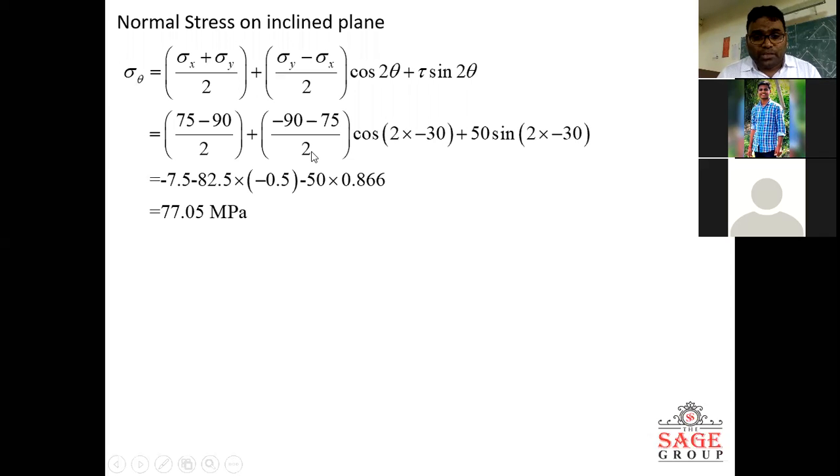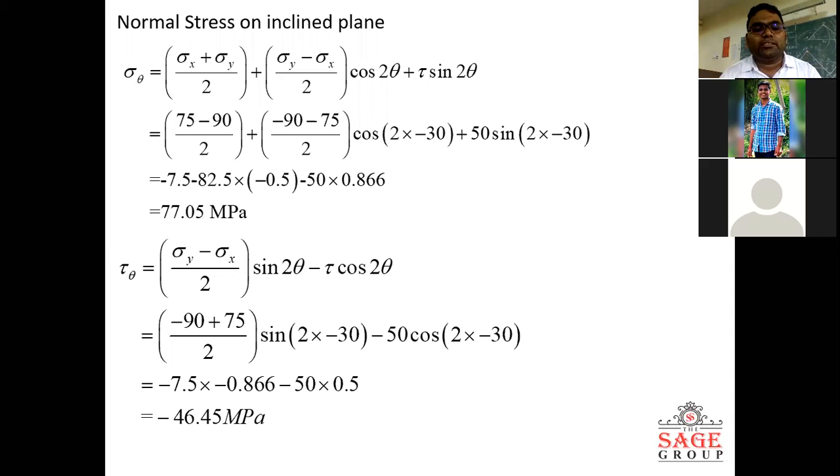After solving this, we have got the normal stress on the inclined plane AC as 77.05 megapascal. Now we are going to find the shear stress on inclined plane AC. The formula for the shear stress is (sigma y minus sigma x) by 2 sin 2 theta minus tau cos 2 theta.